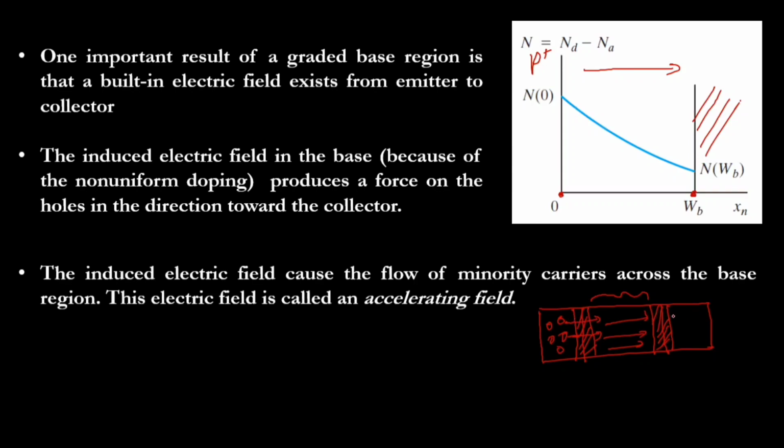So the transit time of holes, that means the time taken by a hole to travel from emitter to collector, is going to be very small. So I can use this property in a positive way, and we call it an accelerating field.